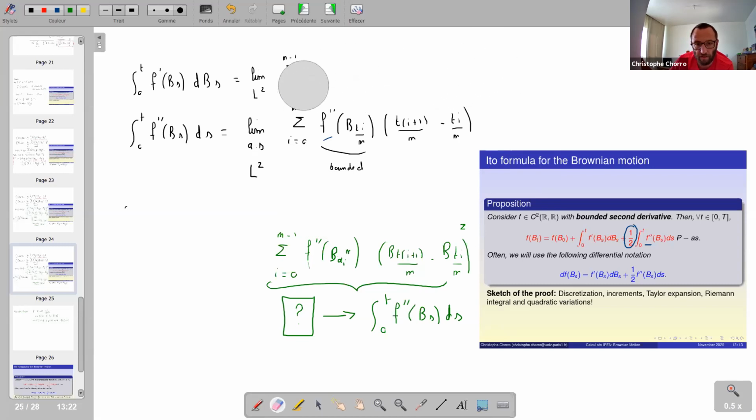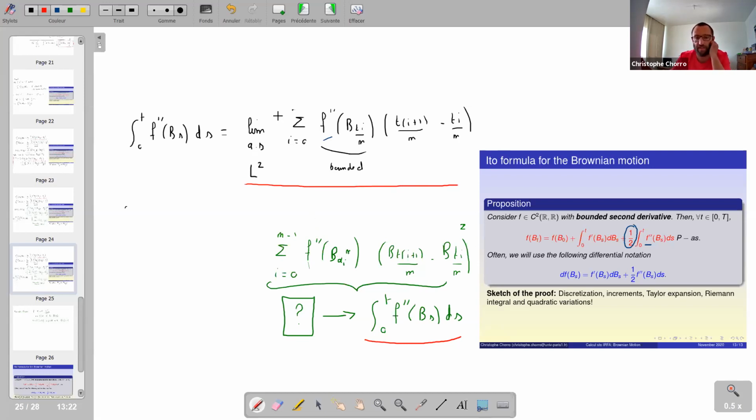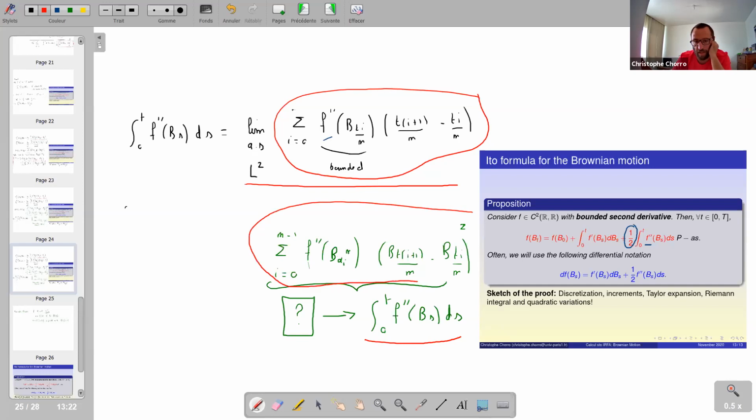So I erase this one that I don't need anymore. The limit I want to find here is defined this way. In other words, I will have to prove that this sum has the same limit as this one. And in fact, you have understood what is the meaning of the Ito formula.